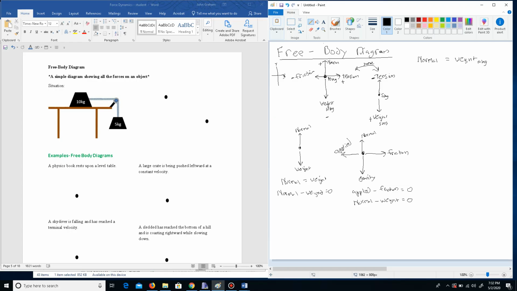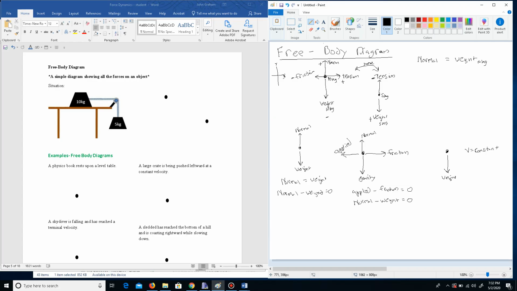Okay. Next one, a skydiver is falling and has reached a terminal velocity. So the skydiver is falling. His weight is what's bringing him down. Terminal velocity just means your velocity is equal to some constant. Okay, it's the highest speed you can go.